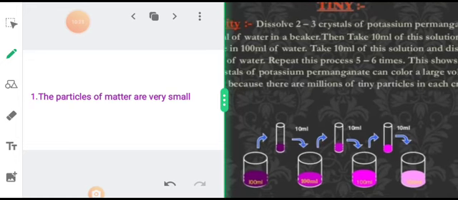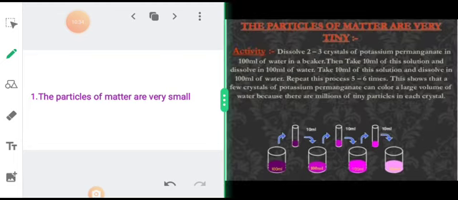Once a new mixture has been prepared, we will take out 10 milliliters from this solution and again prepare a new mixture with 100 milliliters of water. We will repeat this process 5 to 6 times. Ultimately, in the last beaker, we will see that the color has faded to a large extent because we have diluted the mixture so many times.